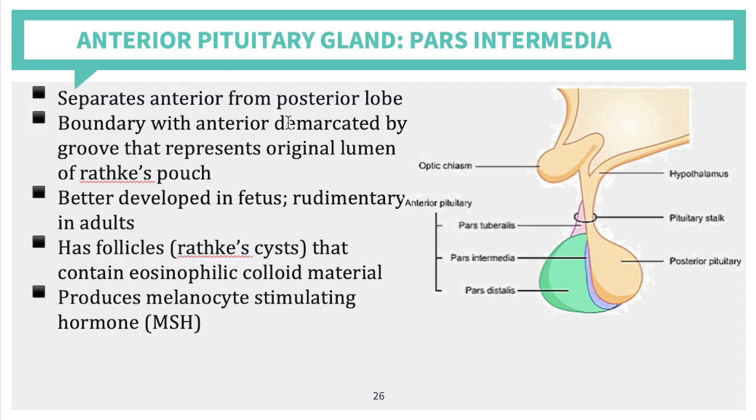The boundary with the anterior is demarcated by the groove that represents your original lumen of the Rathke's pouch. It is better developed in the fetus, but in adults, these are actually rudimentary, okay? They have follicles that contain eosinophilic colloid material, and they can also produce your melanocyte stimulating hormone, okay?